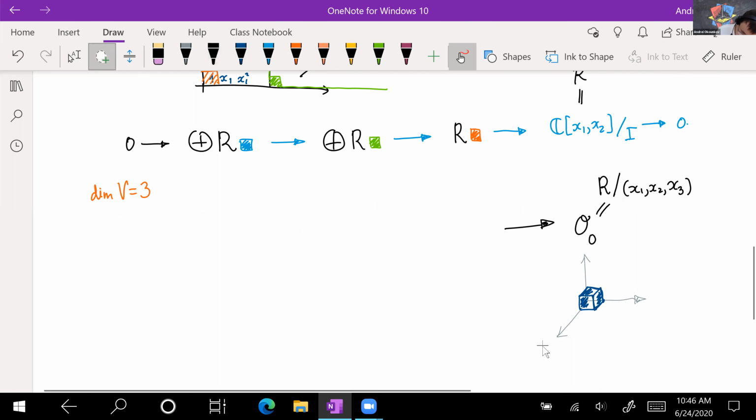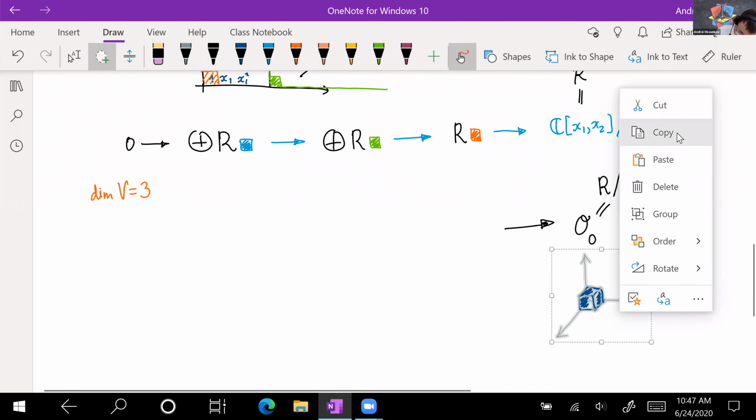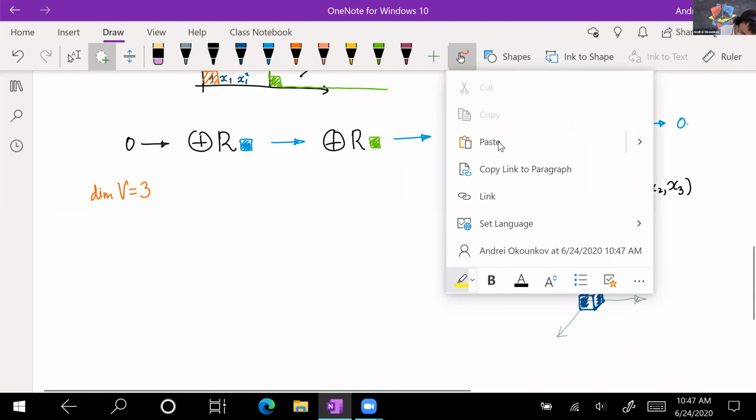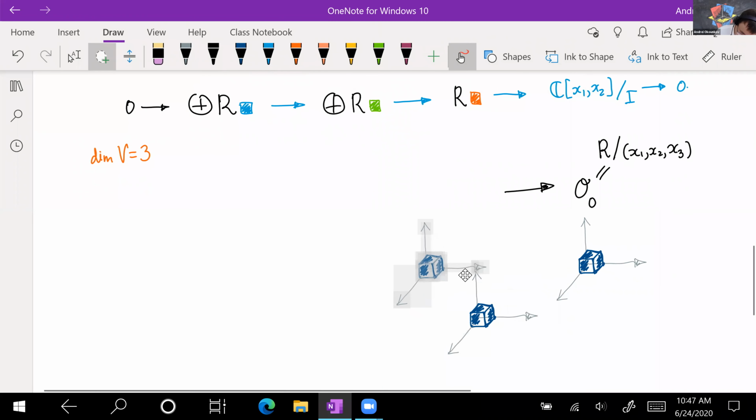We take this picture, and then the generators of the ideal would be these boxes.